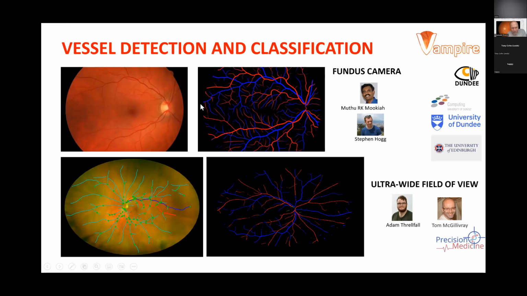And then of course the vasculature, the vessels, here are little veins and arteries. Here, there's just a hint to the fact that we work with multiple types of images. This is an ultra-wide field of view image taken by a scanning laser ophthalmoscope, and we have software to do a similar thing for these sensors.